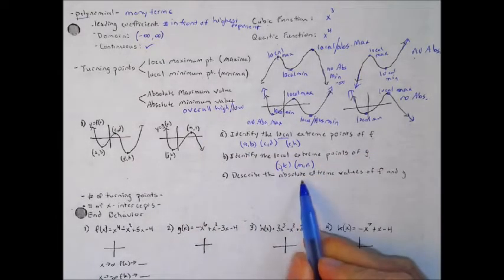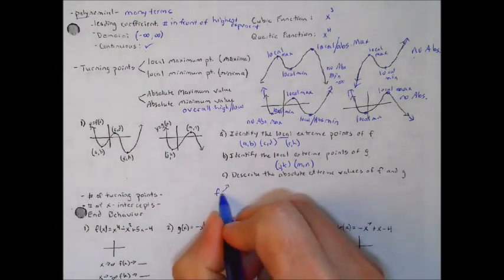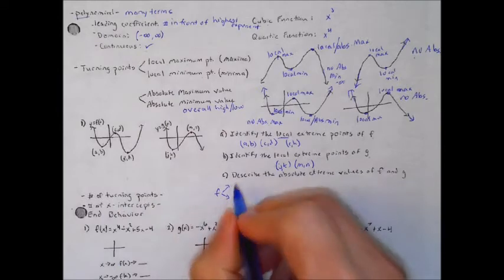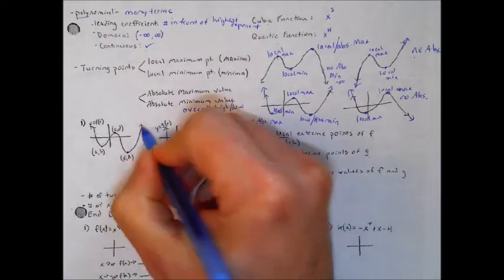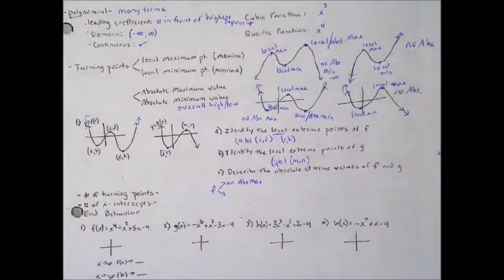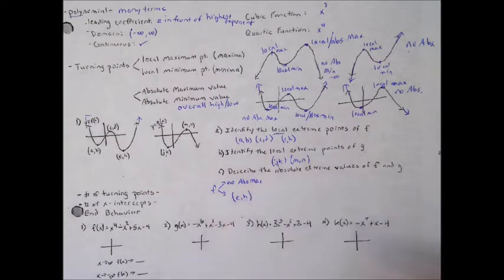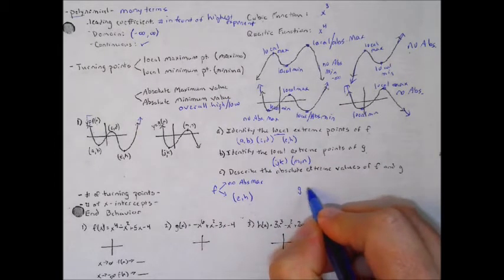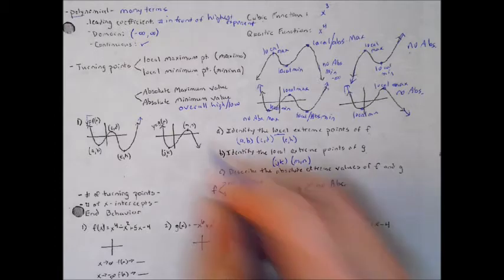Describe the absolutes. Okay, so in F, okay, there is no absolute max, okay, because it keeps going and going, okay, and the absolute min would be the point EH. G, no.